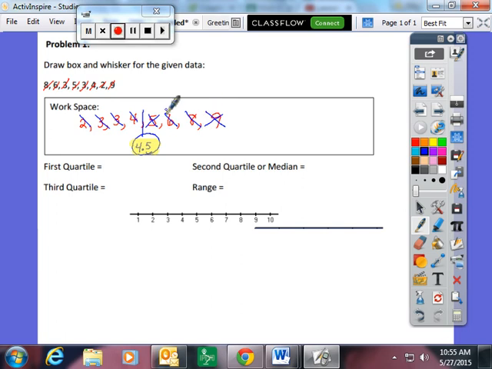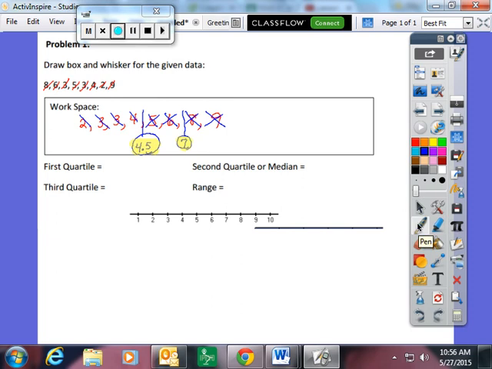Now I have 2 middles. Again, same thing. 6 plus 8 is 14. 14 divided by 2 is 7. So my upper middle is going to be 7, and I'm going to X these out since those were not my median of the upper half of the data. This is called the upper quartile, or quartile 3.